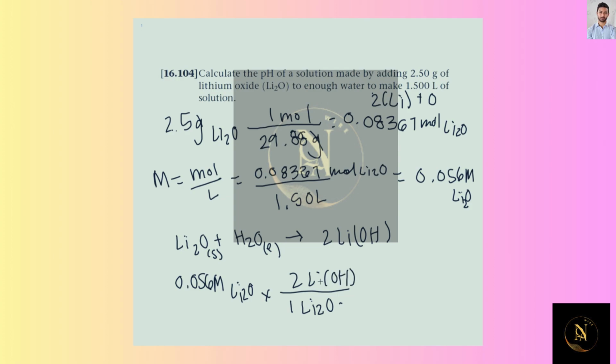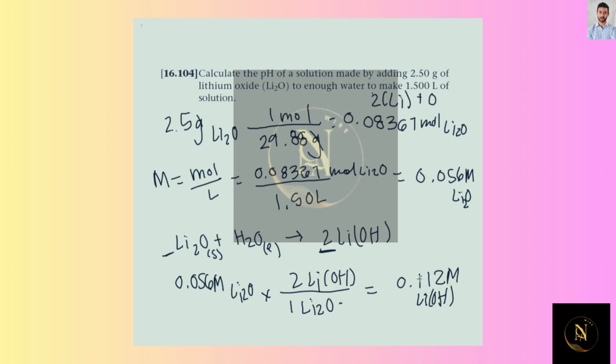I'm finding this by just looking at the coefficients in front of our species, just like you would usually do when converting moles back and forth. And therefore we know how much OH concentration we have in our system. Whenever we do that, we get a concentration of 1.2 molar of LiOH.